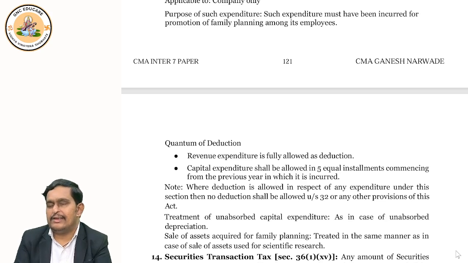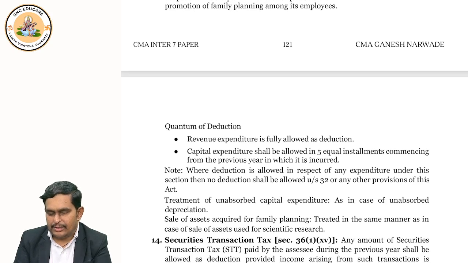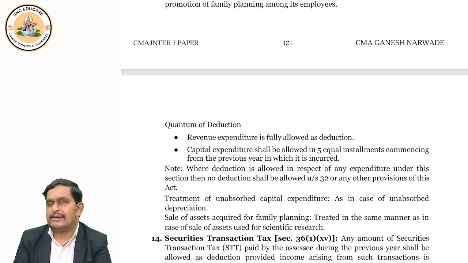For how many years would it be claimed? It can be claimed for an unlimited number of years. There is no limit on the period. Okay. Second thing, it can be carried forward for an unlimited period.